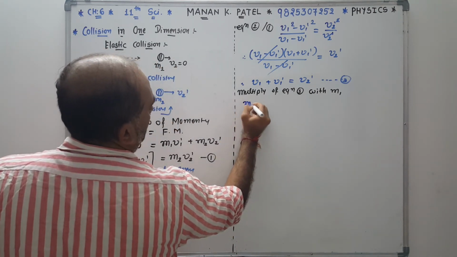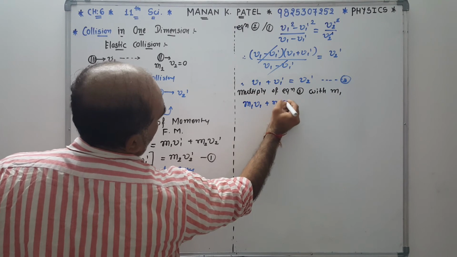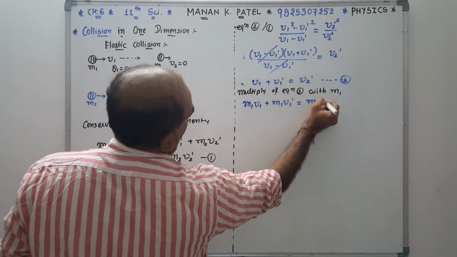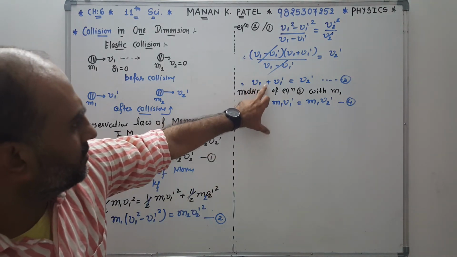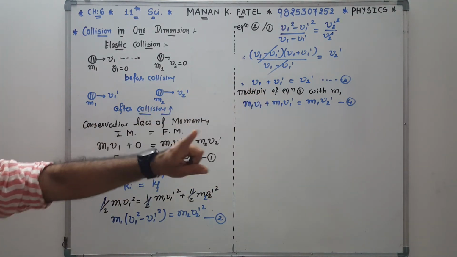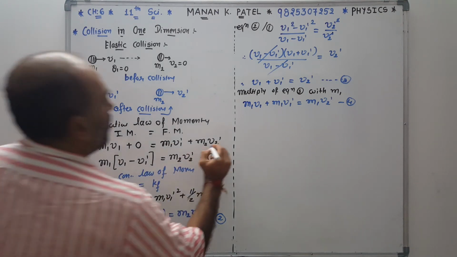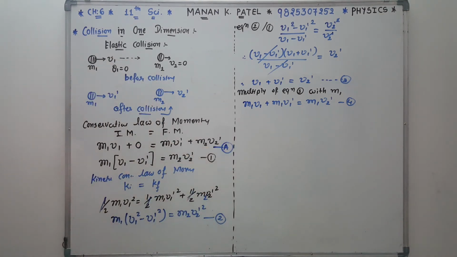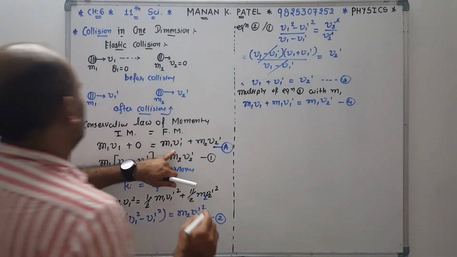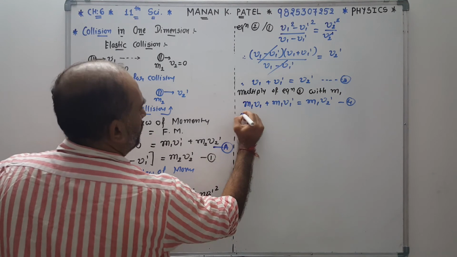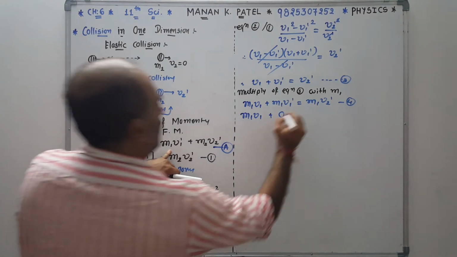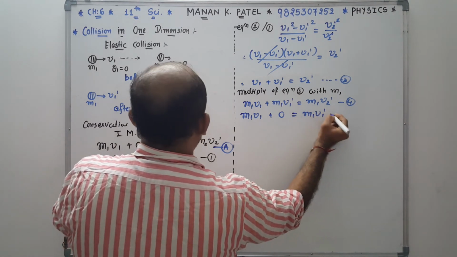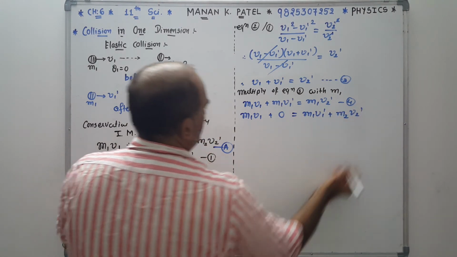Here, m1 v1 plus m1 v1 dash equals m1 v2 dash; we multiply both sides by m1 in equation 3. Now eliminate with the equation above, m1 v1 plus 0 equal to m1 v1 dash plus m2 v2 dash.